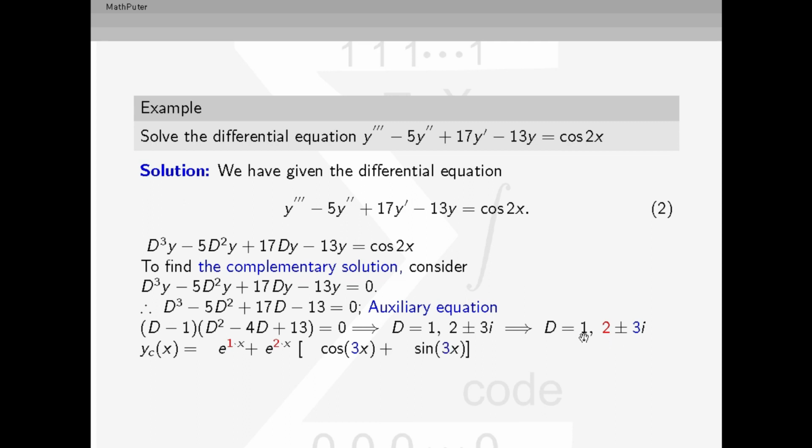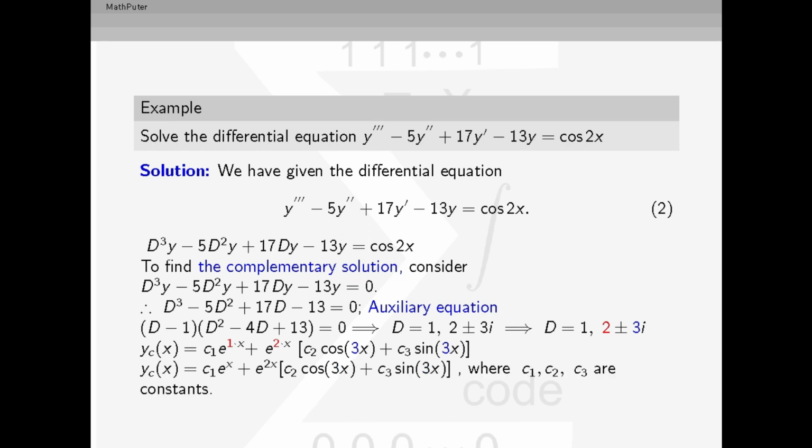Clear? Again I repeat, this one e raised to 1x, this 2, so e raised to 2x, cos 3x plus sine 3x. We multiply by the constant c1, here we multiply by the constant c2, and we multiply by the constant c3, where c1, c2 and c3 are real constants, right?